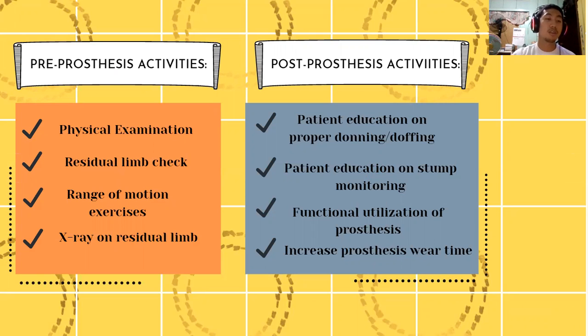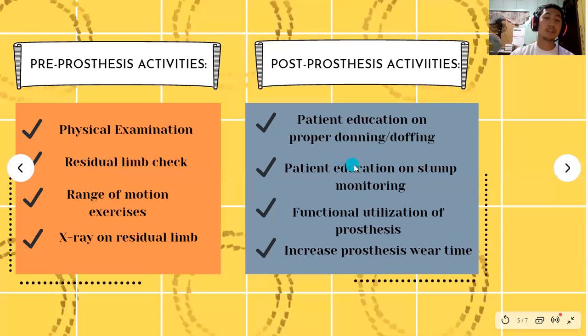This includes physical examination to assess the overall physical condition of the patient, a residual limb check, range of motion exercise to assess limitation of motion of the limbs, and X-ray on the residual limb.